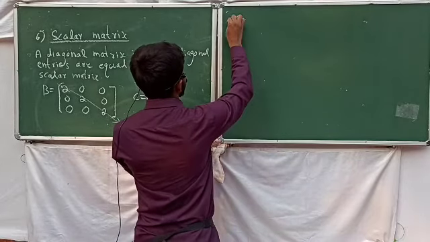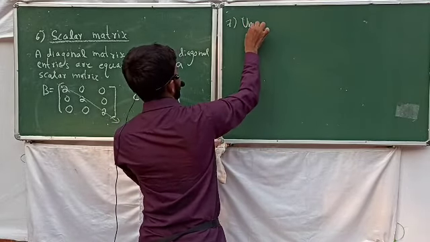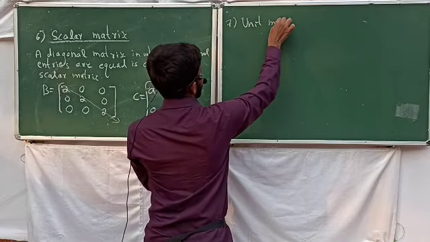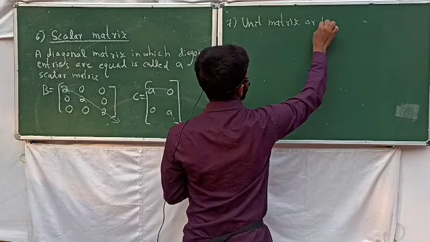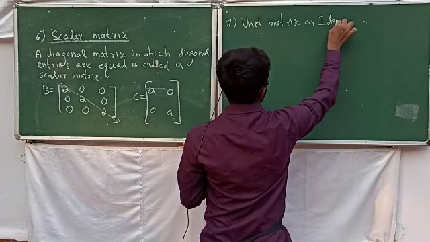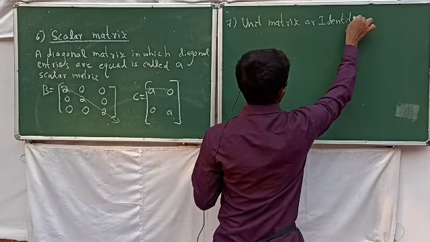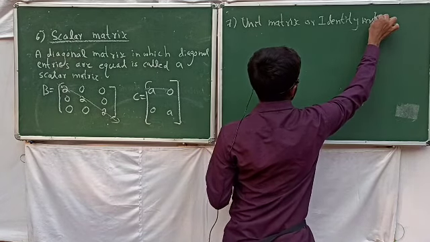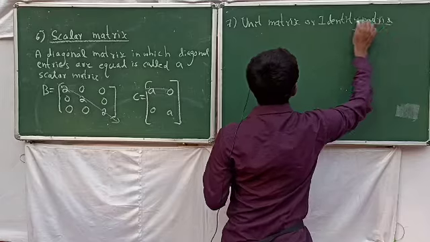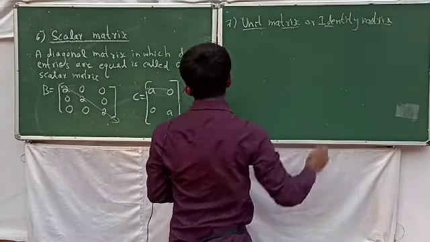Unit matrix, or identity matrix. Unit matrix or identity matrix. Okay.